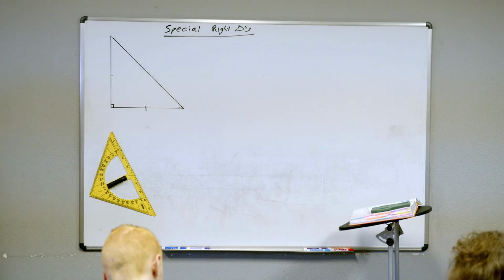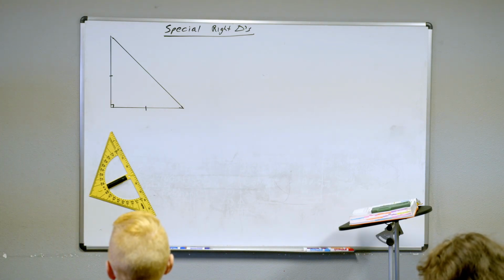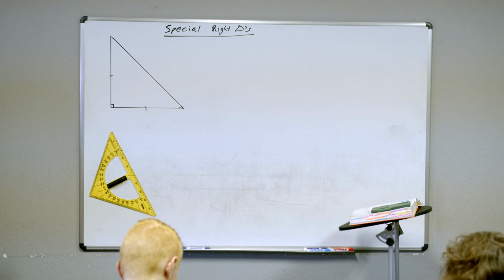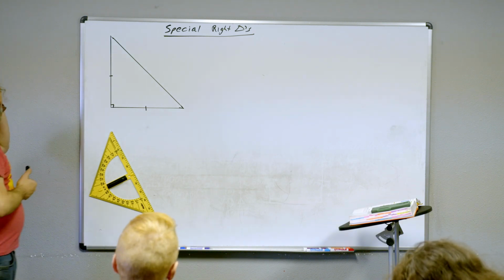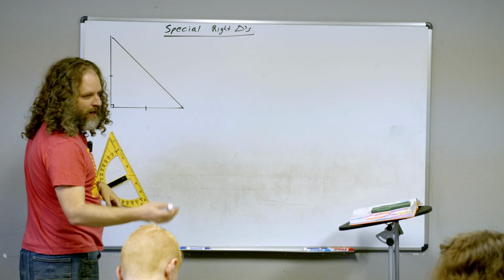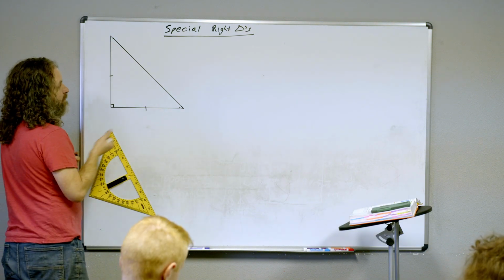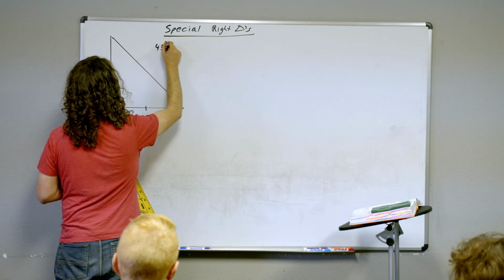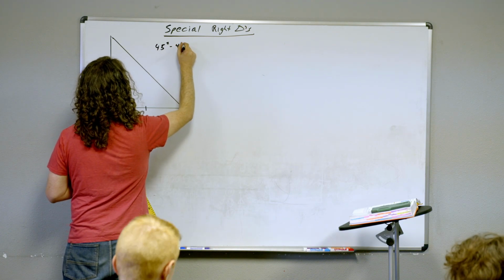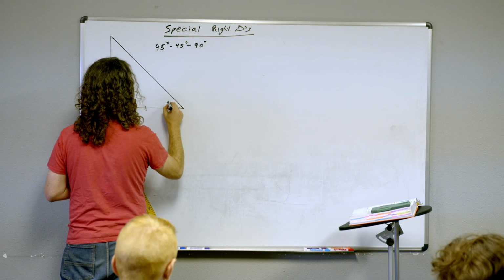45, 45. That's true. That's not what I'm asking for yet, but yes. A right triangle. That's true. Isosceles, yeah? Okay. And an isosceles right triangle has two 45-degree angles and a 90-degree angle. So therefore, this is a 45, 45, 90 triangle.